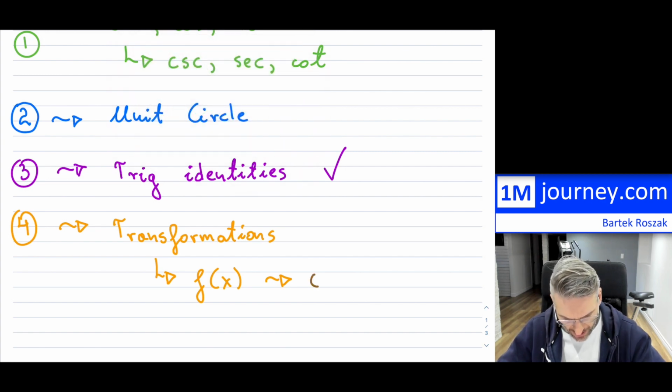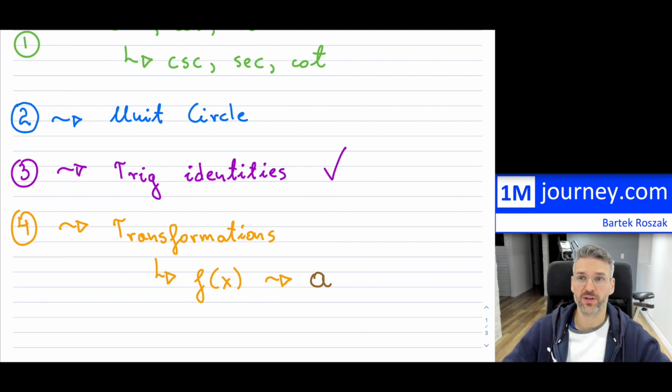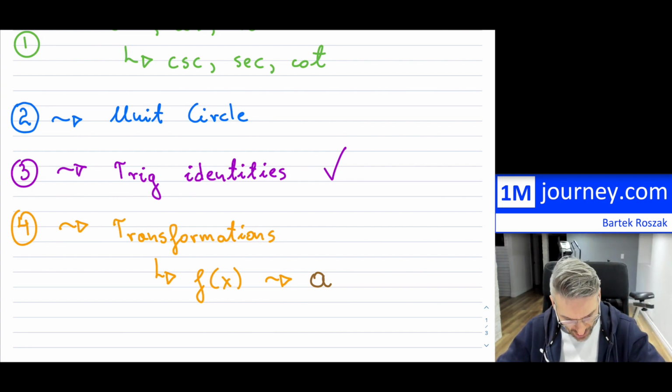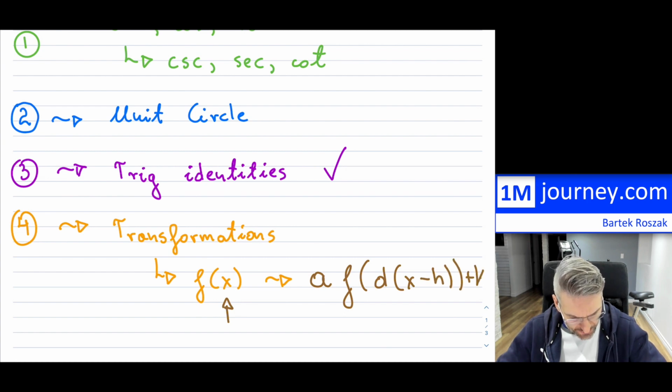Some kind of stretch or a compression in the y. And then you would have your function, and then you would change your argument. So within this argument, you would have d times (x minus h), plus the k. And all of these had meaning to them.